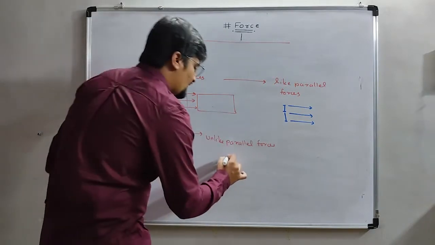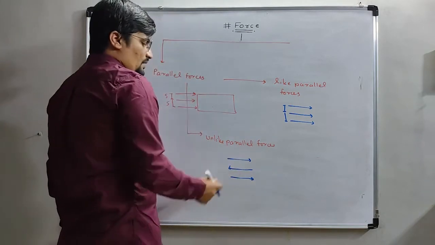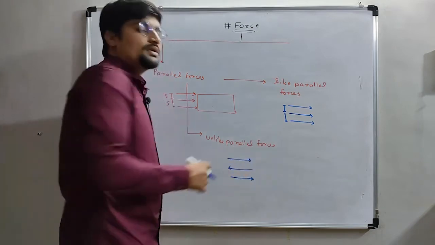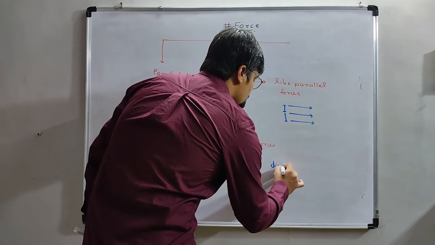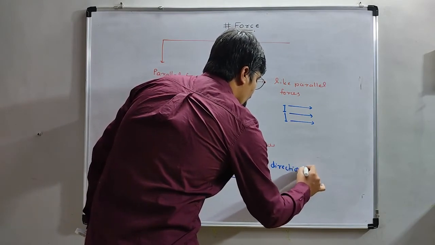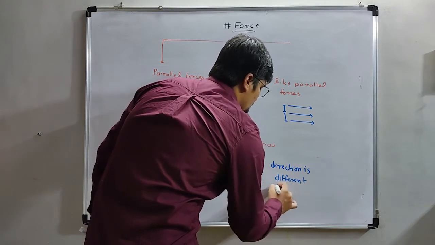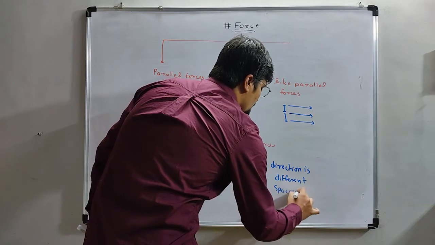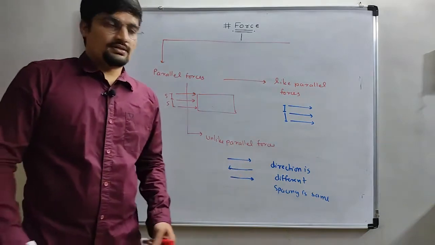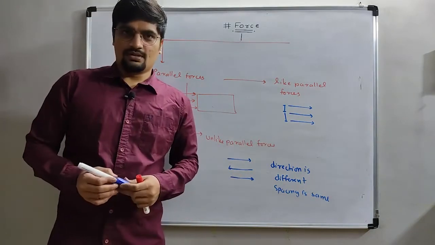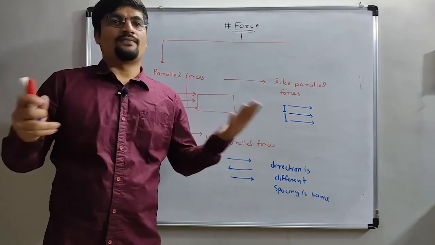But if the direction of the forces is different but the spacing between these forces is the same, it means all are at equal distance. That is considered as unlike parallel forces. So these were the terminology of the forces and the types of forces.